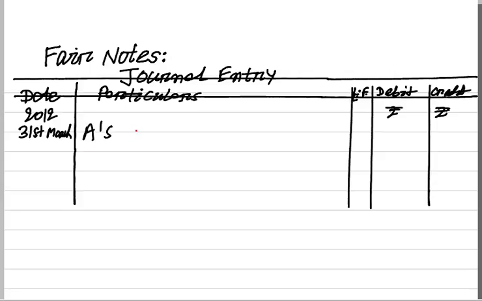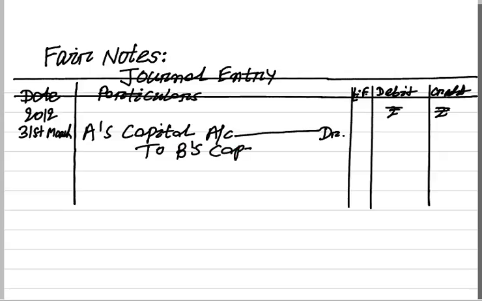A's capital account debited to B's capital account, that is 1210.